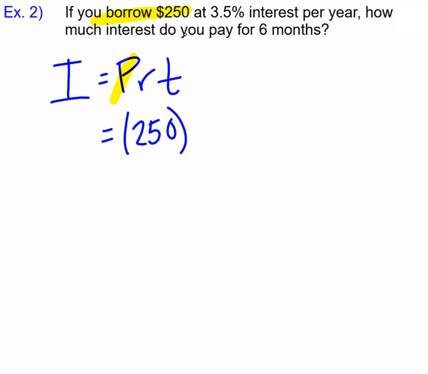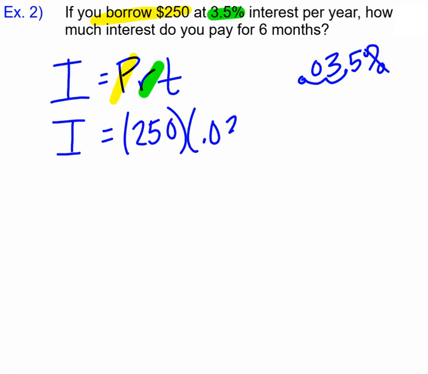Since I'm looking for the interest, I keep the I, and then I look for the rate. The rate is 3.5%, and I have to change that into a decimal. I drop the percent sign and shift it by 2 decimal places, so it's 0.035, or 3.5 hundredths.